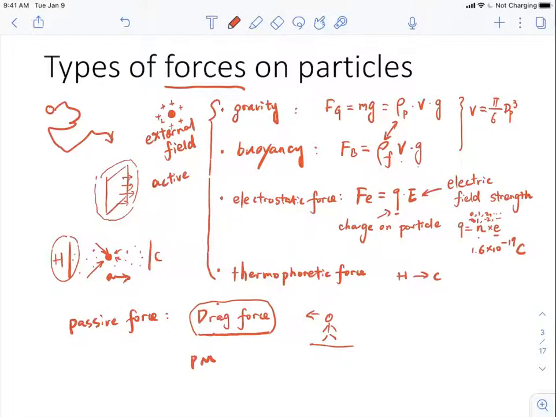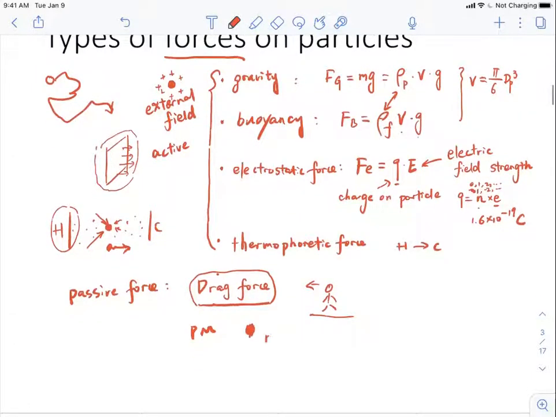We know that PM is any stable cluster that's suspended in the air, right? So a raindrop is also a PM. When the raindrop falls from the sky to the surface of the earth, it has to endure this drag force as well.